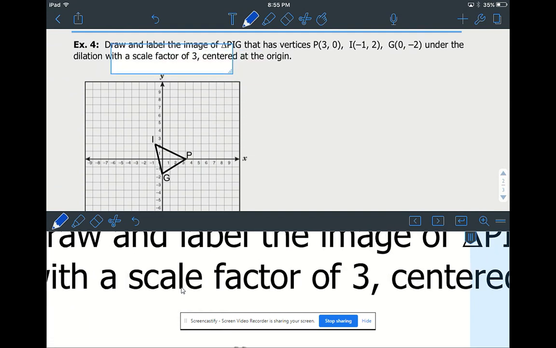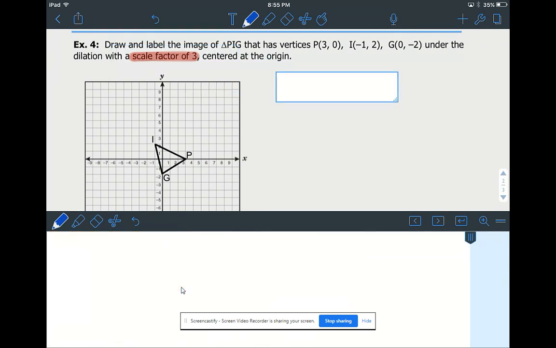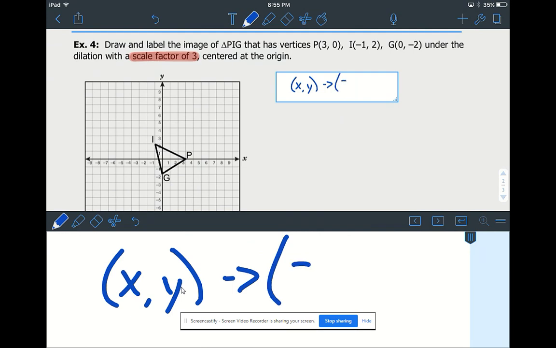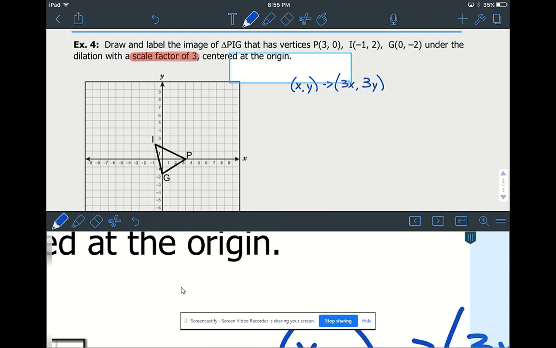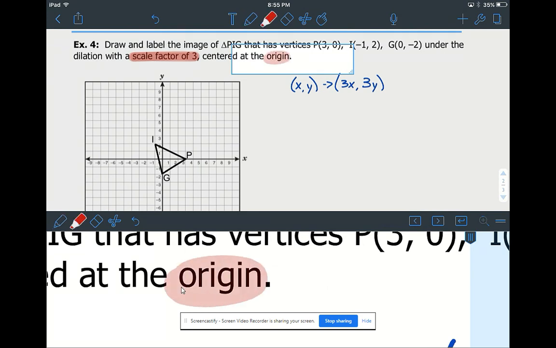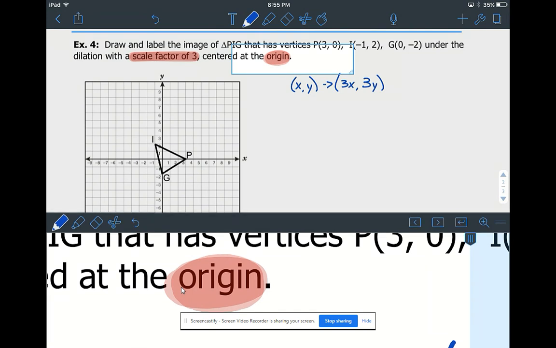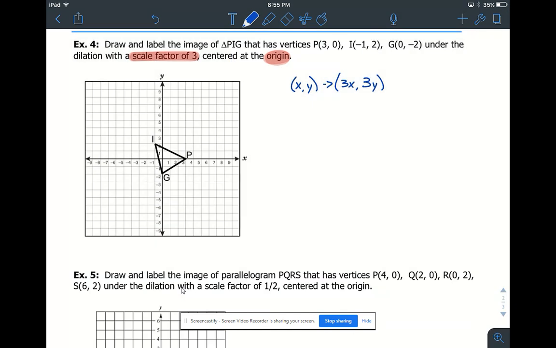So what you need to highlight and know that is important is your scale factor is 3. So our rule then would be x comma y transforms to 3x, 3y. And then we also need to pay attention to the fact that we are going about the origin. So we're going to go based straight on slope with the origin here. It makes it very simple.